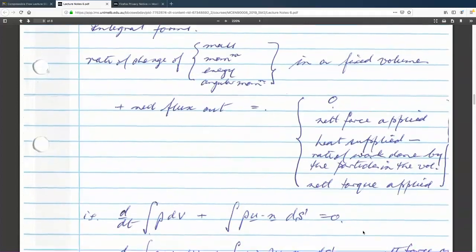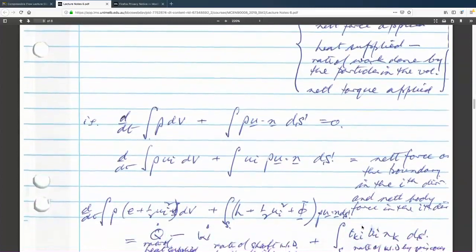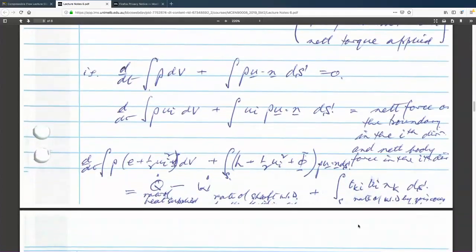The first one says the rate of change of mass in the volume plus the net flux out of mass is equal to 0. The next one is the rate of change of a component of the momentum, rho ui dV, plus the net flux of rho ui out.